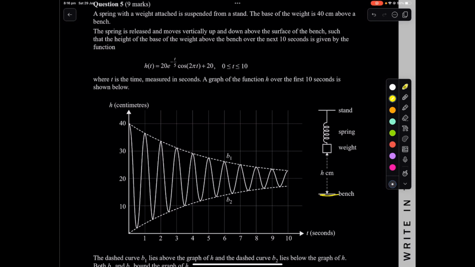Okay, so what's happened is that the spring goes up and down, and starts decreasing, and that's what the graph is telling us. So let's look at the question.